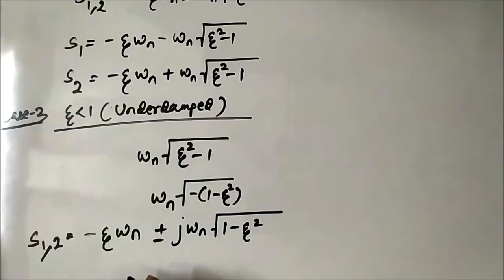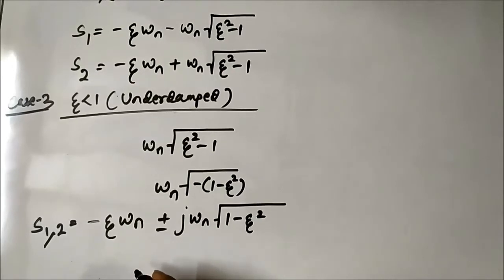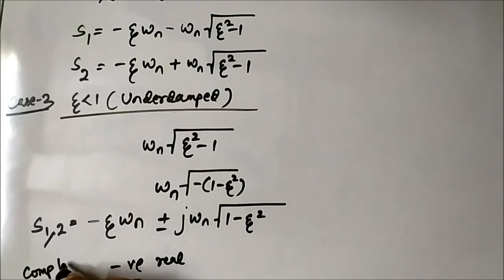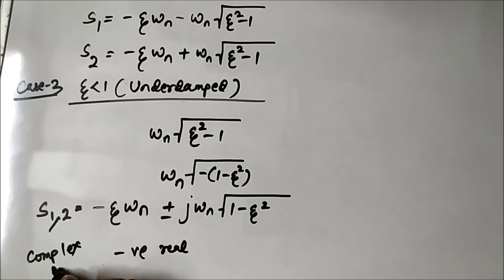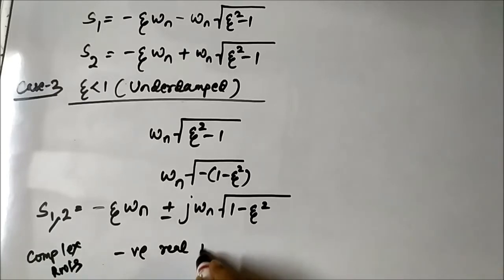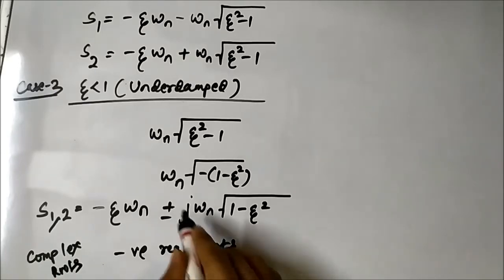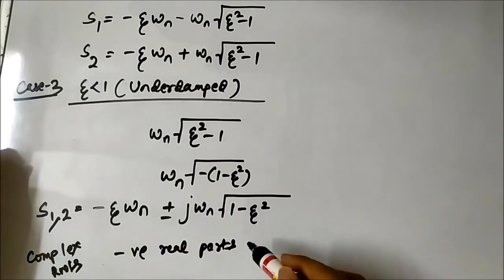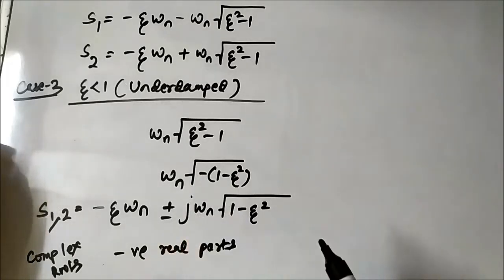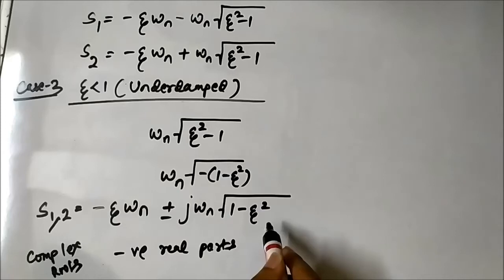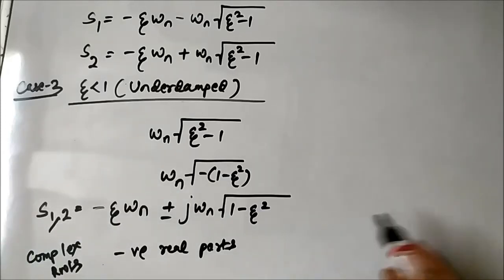Here we are getting complex roots with negative real parts, and the imaginary parts are mirror images of each other.